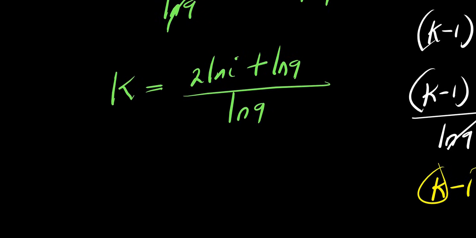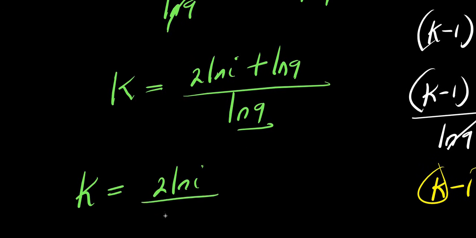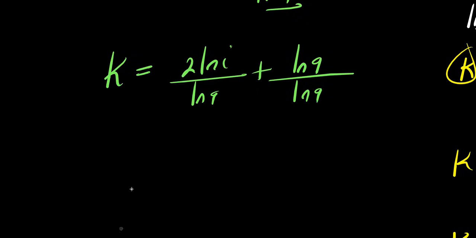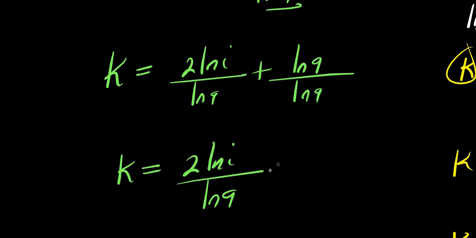So once you divide each by this particular denominator, you have k equals 2 times natural log of I divided by natural log of 9 plus natural log of 9 divided by natural log of 9. So from here, you have your k equals 2 times natural log of I divided by natural log of 9 plus 1.